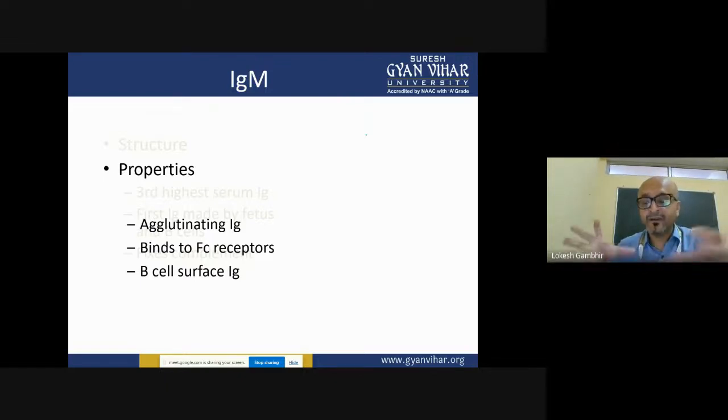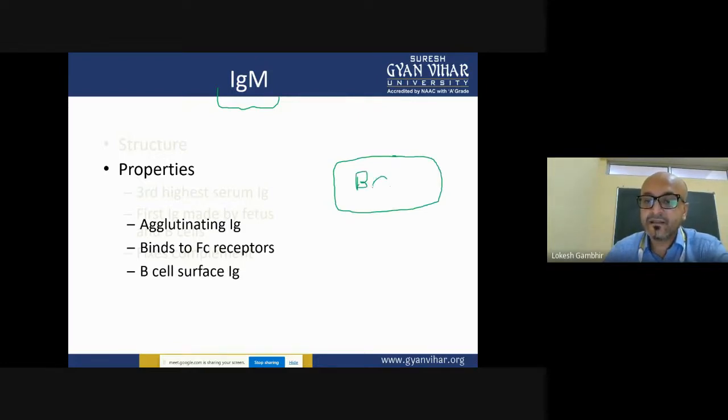It can bind to multiple antigens and form a cluster. It is also used as a marker to identify B cells, because B cells will always have IgM on their surface.